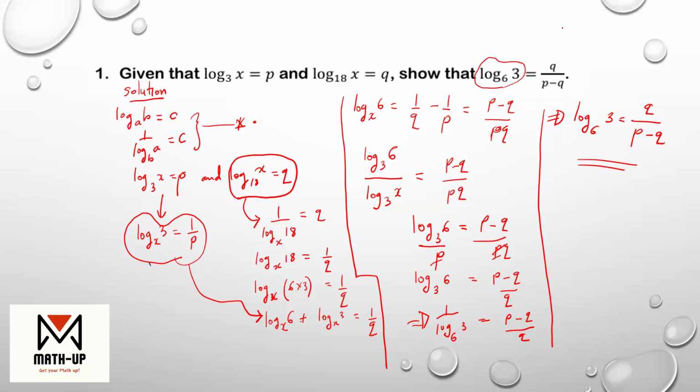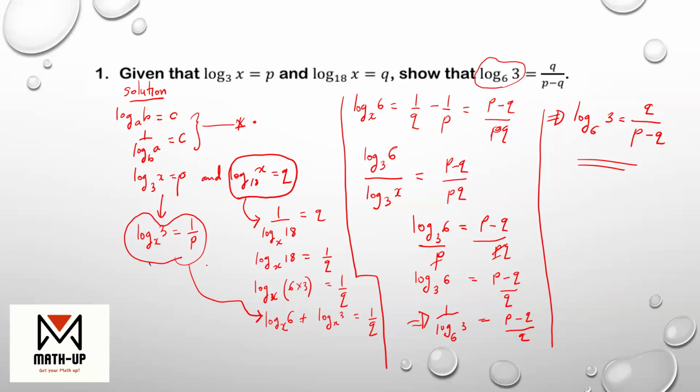I would like to invite Firdaus Shakira, you can ask your question. I've not understood this part where we are having 1 over what? This part of log 3x is equal to p. Then we are having log of x 3 is equal to 1 over p.